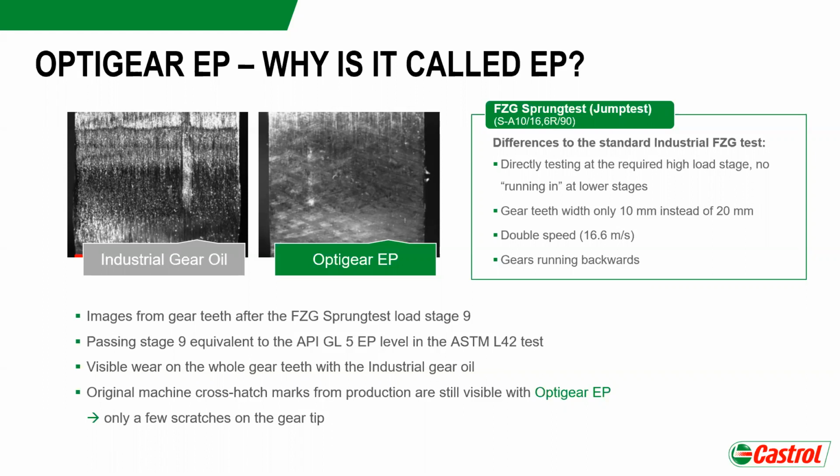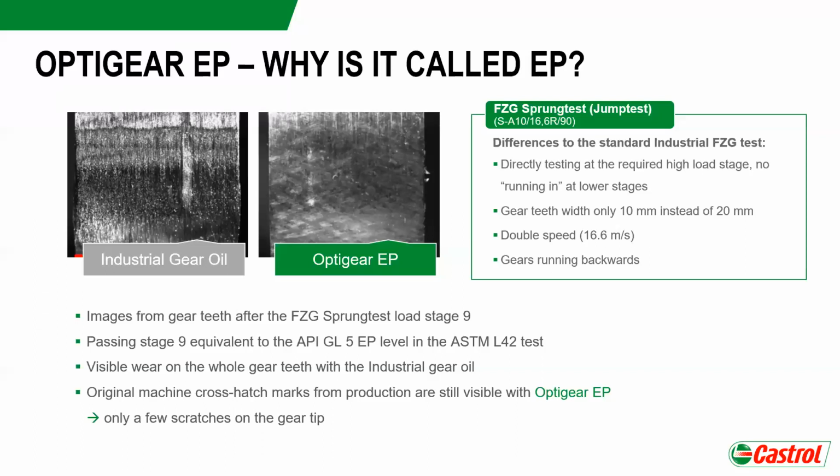It has smaller gear teeth, it's double speed, and it runs backwards. In the pictures on the left, you can see a conventional general industrial type of gear oil. On the right, you can see OptiGear EP, where even the original machining crosshatch marks can be seen.